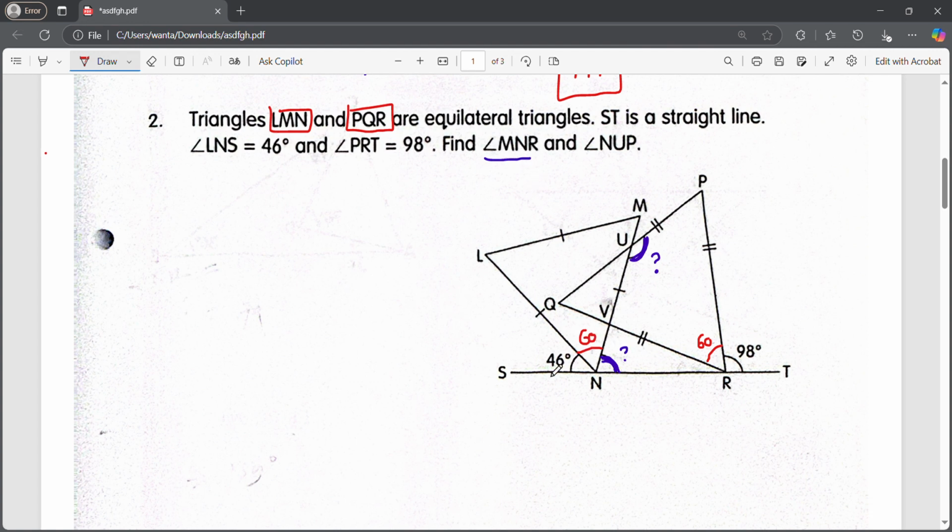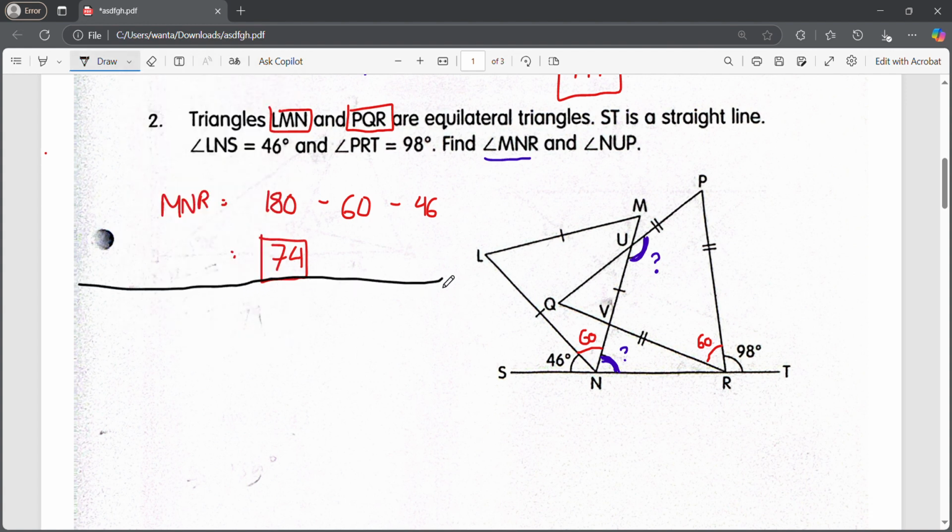What can we do to find MNR? Well, now that we found that this was 60, we can use the straight line property. MNR is equal to 180 minus the 60 that we just said, minus 46. 60 and 46 is 106. 180 minus 106 is 74. So that's one of the problems solved.